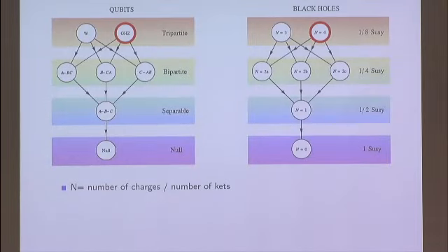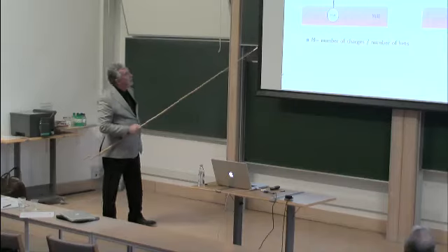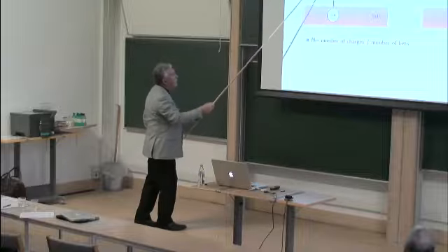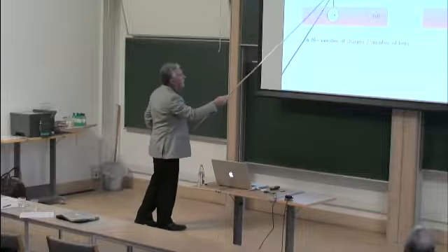That's not a result you'll find in the QI textbooks, but it's a very elegant way, I think, of classifying 3-qubit entanglement. Here's the GHZ state, which was described as the Borromean ring state. And here's the other 3-way entangled state, W. Then you have bipartite entanglement, separable, and null.